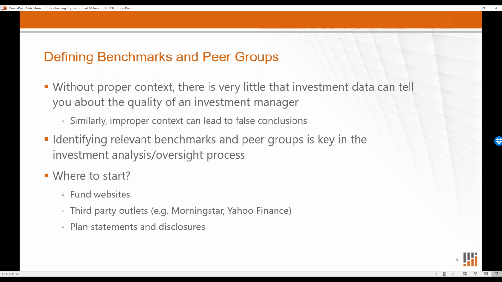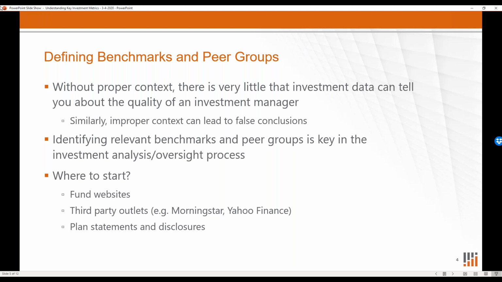Both having benchmarks and peer groups, as well as having a thoughtful approach to identifying those benchmarks and peer groups, is key. So a next question likely in mind is, where do you find and how do you define those benchmarks and peer groups? What we encourage plan sponsors to do is first start at the most logical source, the provider of the investment itself.